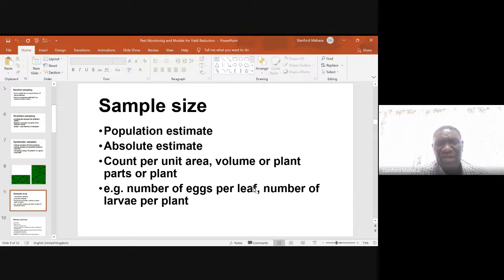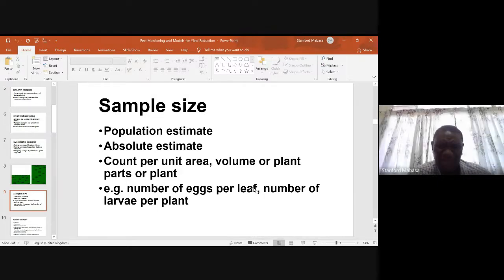So probably you may use a quadrat to define the area, or you can use volume, or plant parts, or plant. For example, it could be the number of eggs per leaf, number of larvae per plant, reflecting probably the sample size.